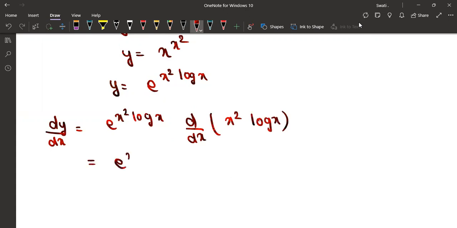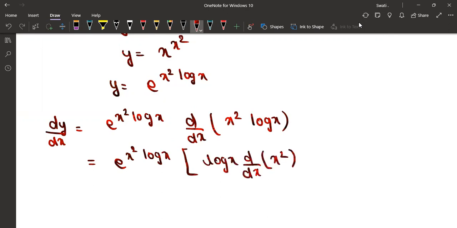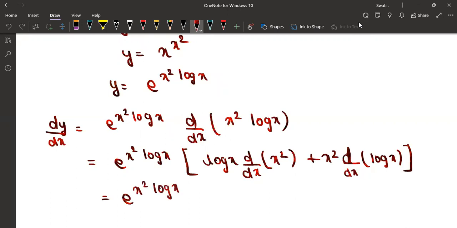Now this will become e raised to x square log x. By product rule, we will keep this log x constant and do the derivative of this x square, plus keeping x square constant and do the derivative of this log x, right?